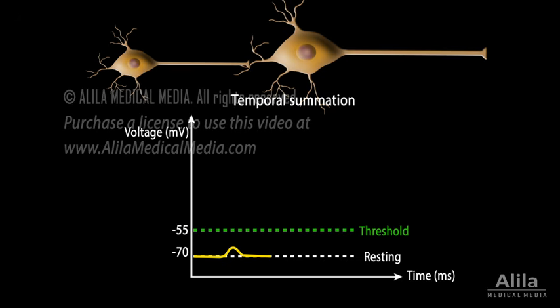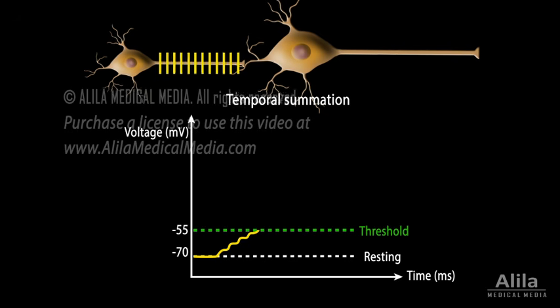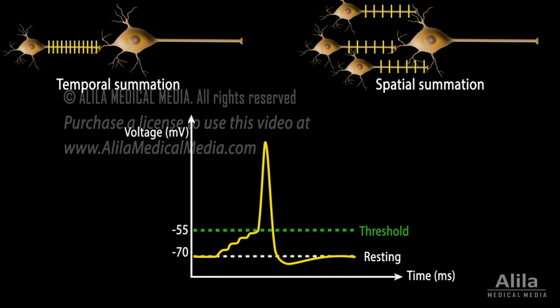Temporal summation, when a single presynaptic neuron fires repeatedly at short intervals, producing EPSPs so closely to each other that each EPSP occurs before the previous one decays, allowing their effects to add up and reach the threshold. And spatial summation, when multiple presynaptic neurons fire nearly synchronously to produce multiple EPSPs in the postsynaptic neuron.